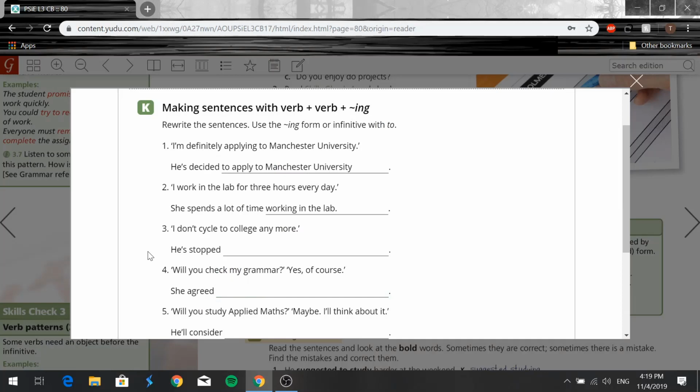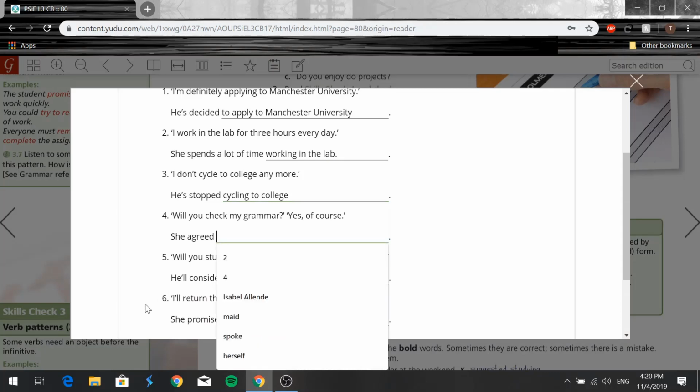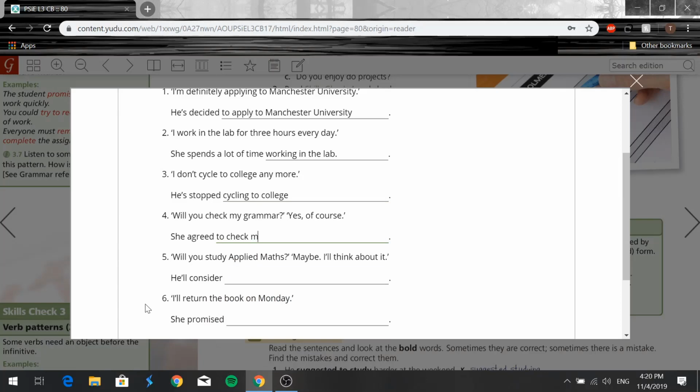I don't cycle to college anymore, so we'll say he's stopped cycling to college. Okay? So he's stopped cycling to college. Will you check my grammar? Yes, of course. She agreed. I can't say checking here, so I'll say to check my grammar.